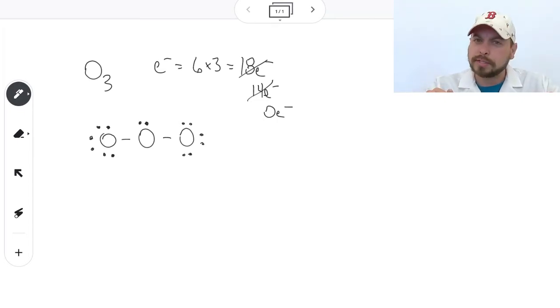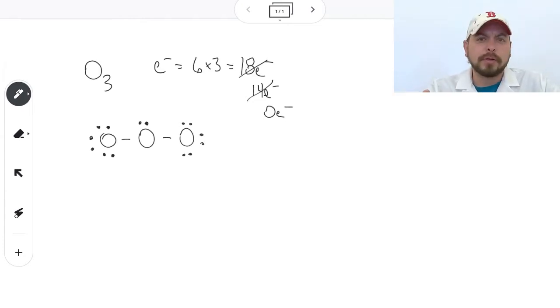But you don't necessarily have any way to know whether you're going to take those 2 from the left oxygen or the right oxygen. That's a first big clue that resonance is going to be in play here. Because you're as likely to get those 2 electrons from the oxygen on the left as from the oxygen on the right, we're going to end up seeing both effectively happen.